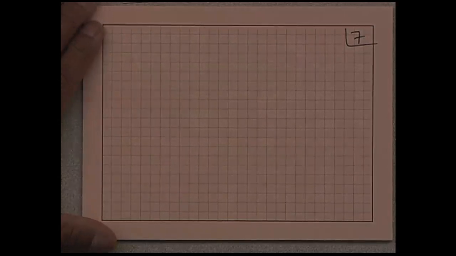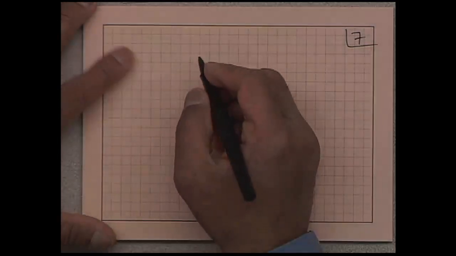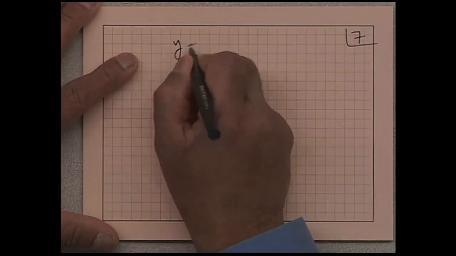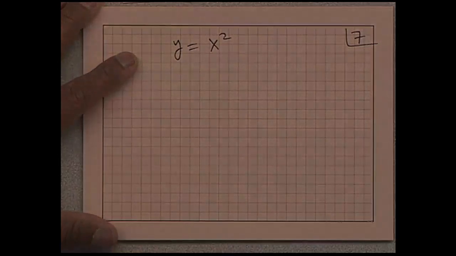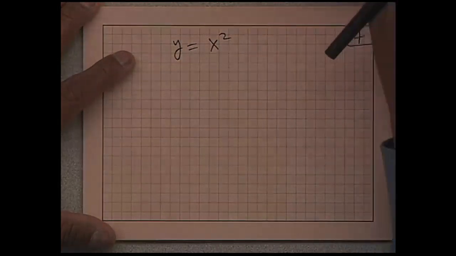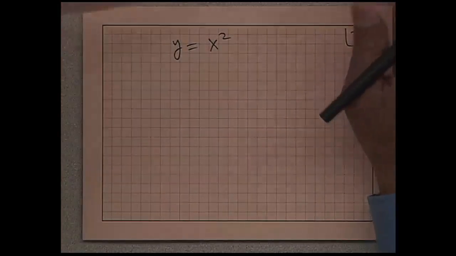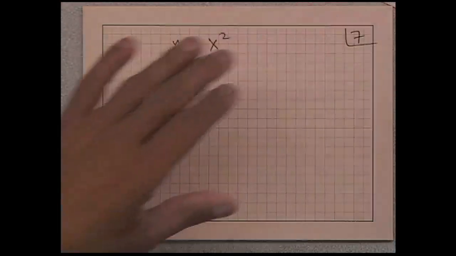Okay, so now let's talk about if I want to compute some simple functions. So let's say I want to compute y equal to x squared. Well, if I want to compute y equal to x squared, and I go back to that same example that I had here.